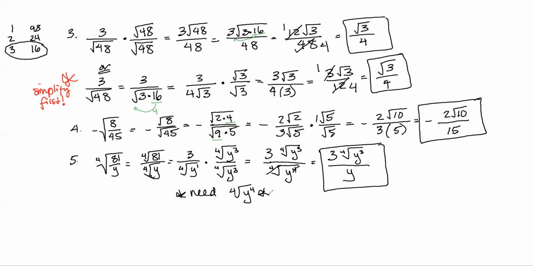Okay, so now let's go ahead and take a look at one of the last things here. We're still rationalizing, but now we're going to be rationalizing denominators with binomials.